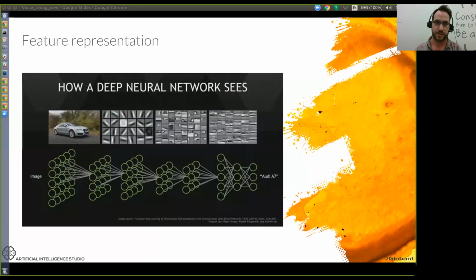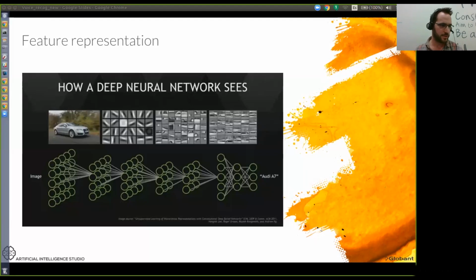That's it, basically. You use convolutional neural networks for image recognition and recurrent neural networks for speech recognition and things related to sequential data.